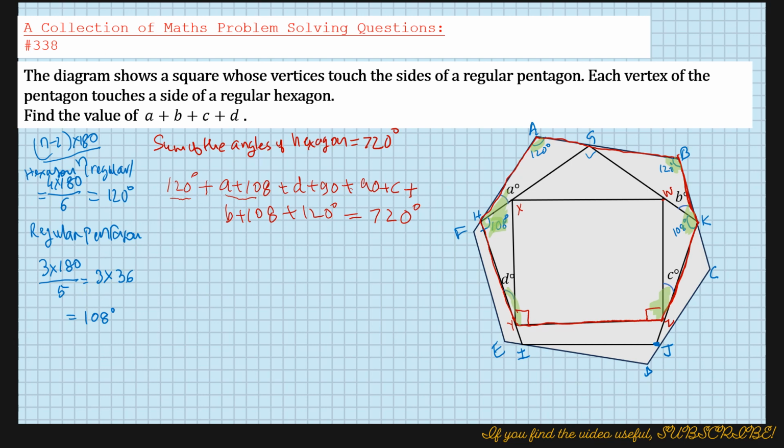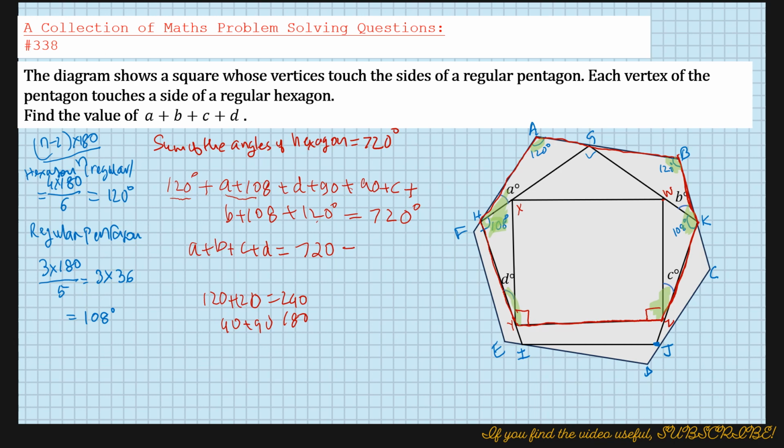So all we have to do is find A plus B plus C plus D. So A plus B plus C plus D would equal 720 minus, so 120 and 120 gives me 240 degrees, and 90 and 90 is 180 degrees.